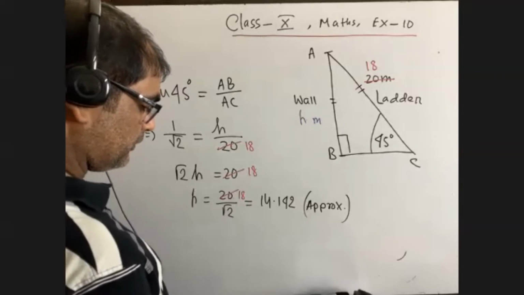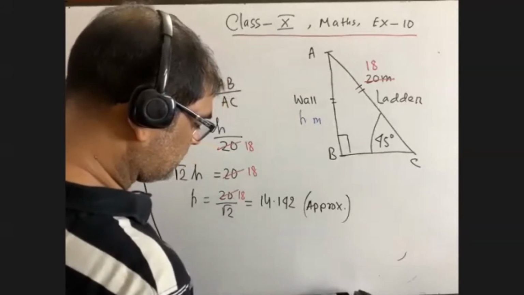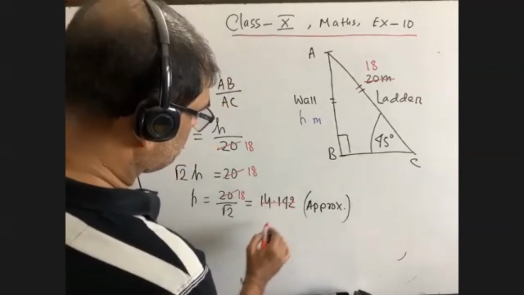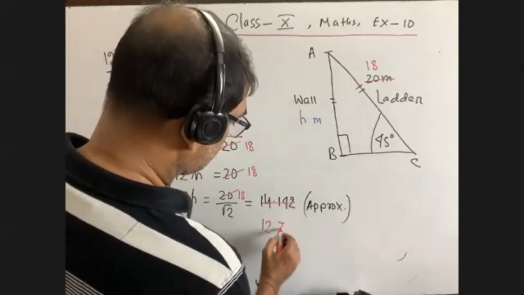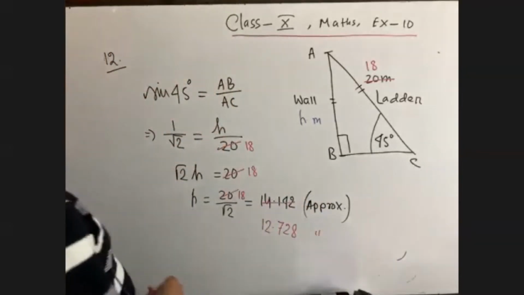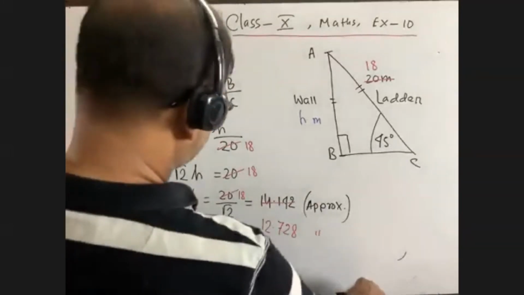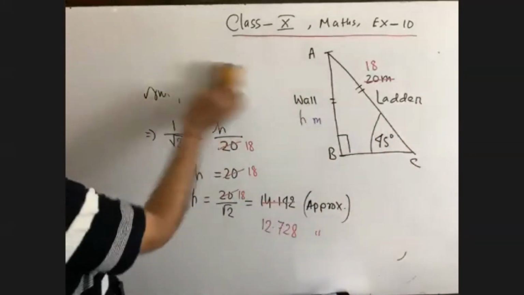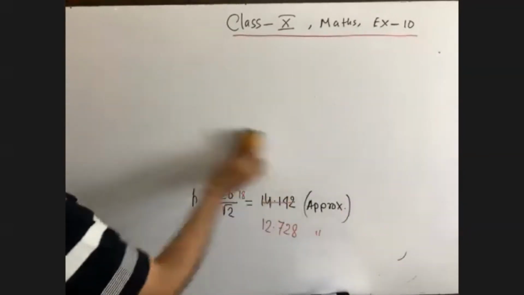We are getting 12.7279, that is 12.728 approximately. Okay, is it okay? Talk to me. Yes, sir. Okay.